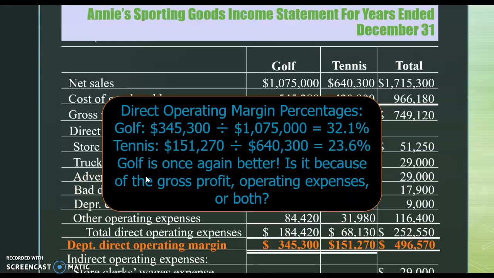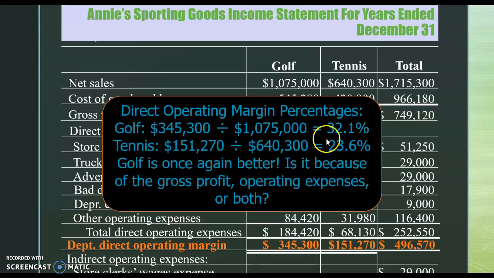So to get percentages, I take the $345,300 of direct operating margin for golf divided by the golf sales, and I get 32.1%. That's my direct operating margin percentage for golf. For tennis, I take the tennis direct operating margin divided by the tennis sales, and I get 23.6% direct operating margin percentage for tennis.